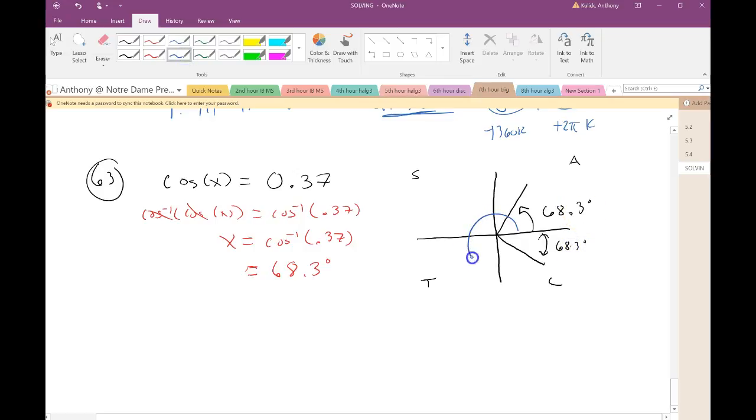So the angle that I'm looking for is 360 minus 68.3 degrees, which is 81.7, right? Yes.